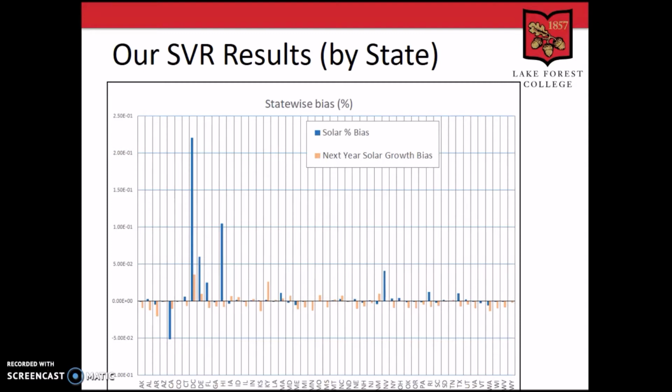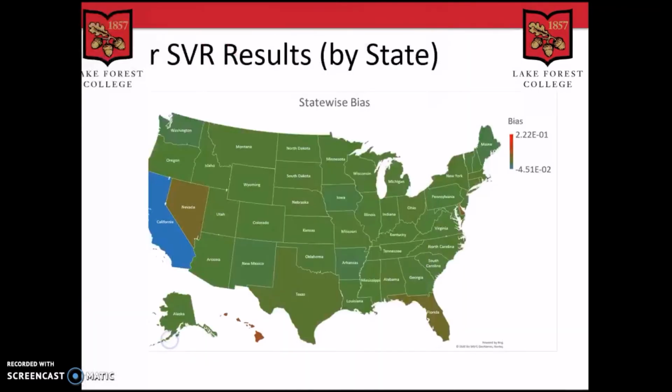That could be one of the reasons why Hawaii has such high positive bias. California, on the other hand, could be much better. California has ideal conditions, and yet California has failed to achieve the solar installations that it could. That's why we say California has a negative bias.